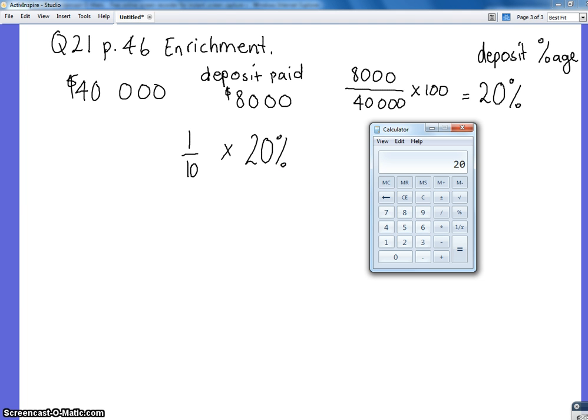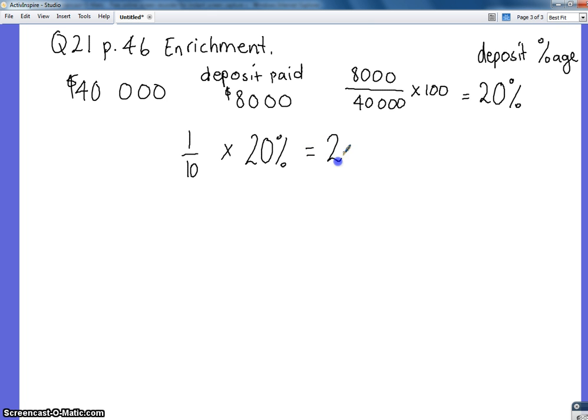One-tenth of 20% is 2. You'll get a further 2% discount on what remains. How much remains? 32,000. You get a further 2% discount on that.